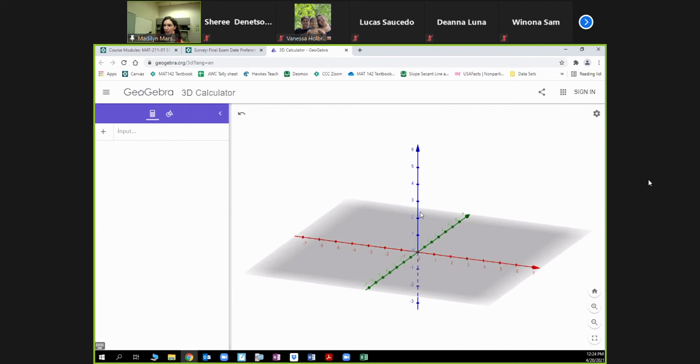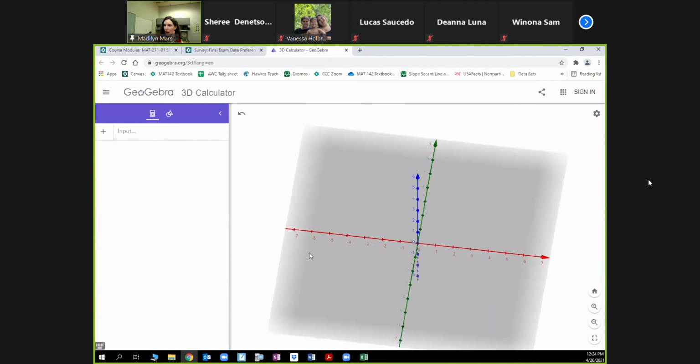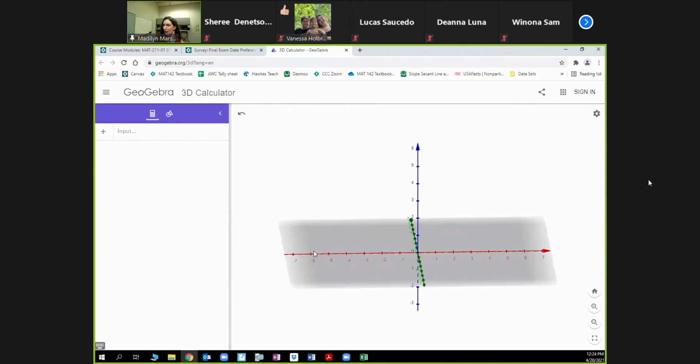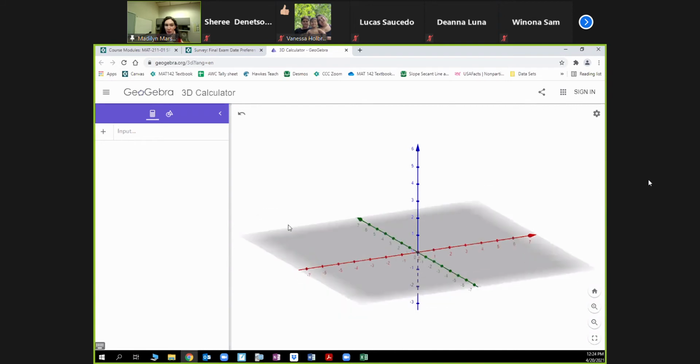And then the Z is coming straight up. So this is nice because you can click and sort of drag and move it around as you please. And I put the link up there for your enjoyment. You're not going to be required to graph these things, but I think it's nice to get a visual of what we are looking at here.